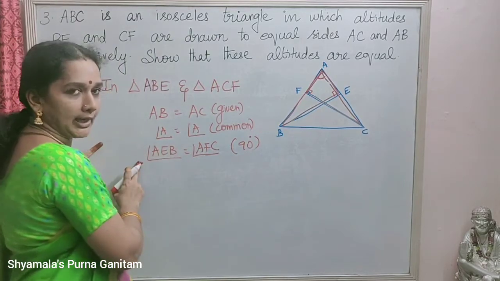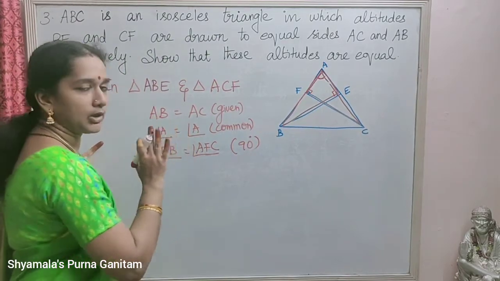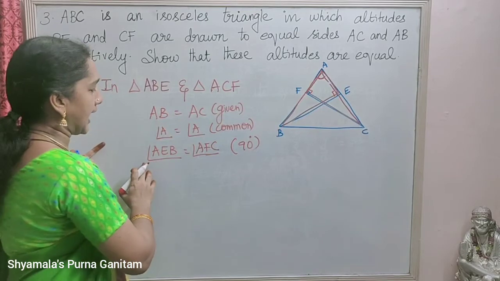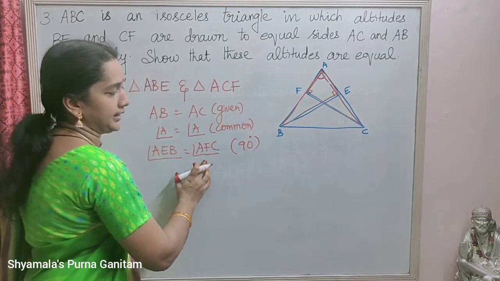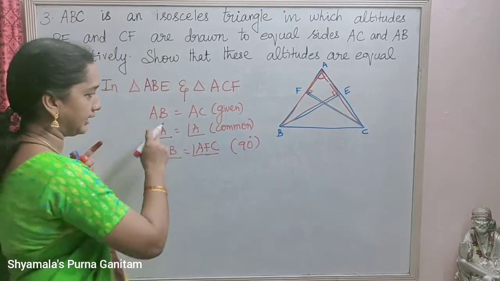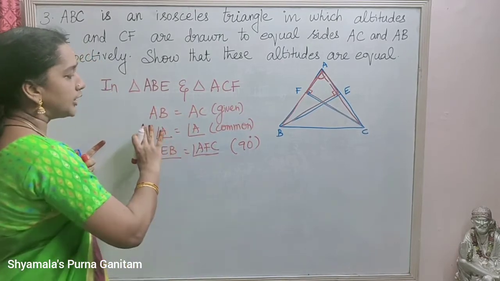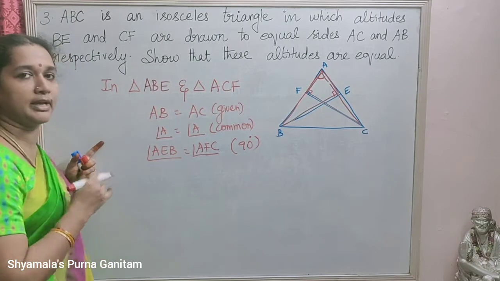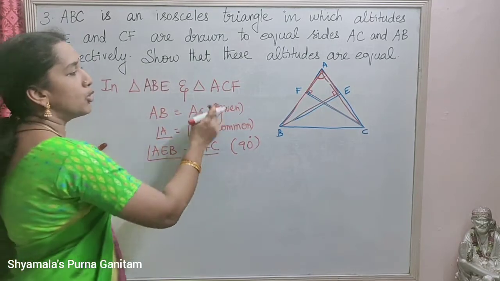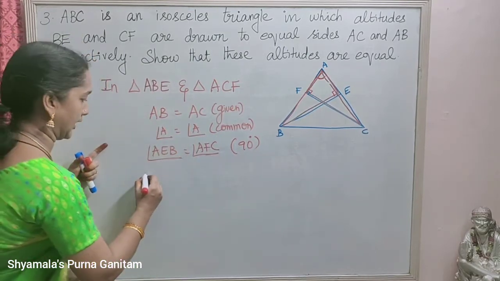So we got two angles: angle A is equal to angle A, that is common; then angle AEB is equal to angle AFC, that is 90 degrees. Then AB is equal to AC, given in the question already. So with two angles and one side, by AAS congruency, both the triangles are congruent.